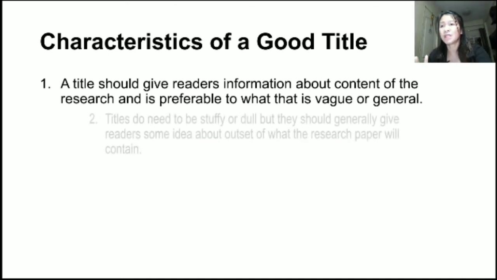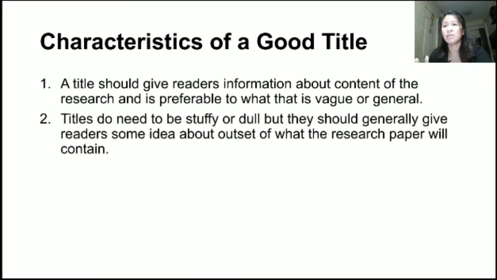Number 2, titles do not need to be stuffy or dull, but they should generally give readers some idea at the outset of what the research paper will contain. After knowing the guidelines in selecting a topic or title, your research title really needs to be written correctly and completely to be valid and acceptable for a research title.